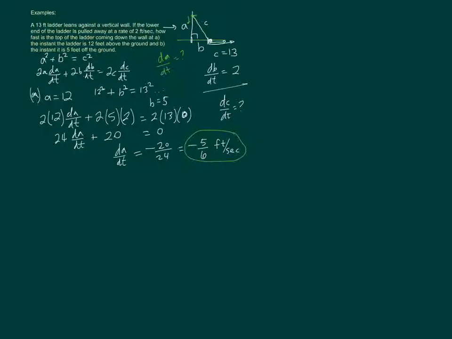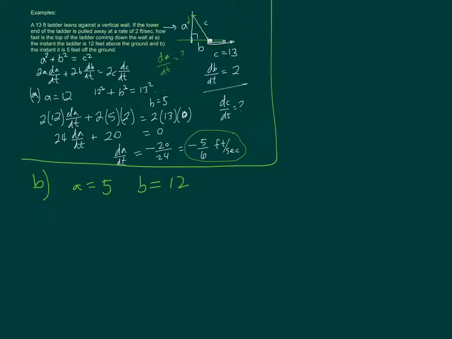Second part of the problem, it wants to know the instant the ladder is 5 feet off the ground. So in that case, our A is going to be 5 feet off the ground, and it's going to be 12 feet away from the wall.